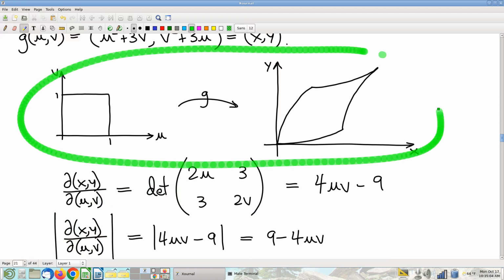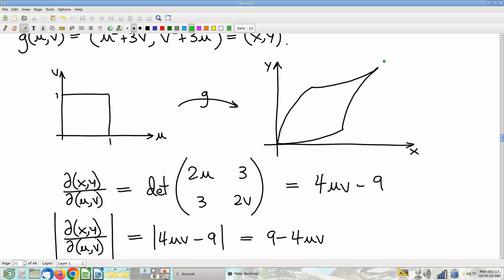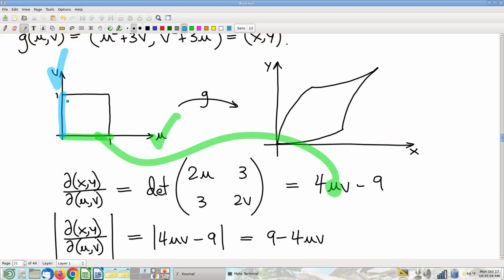Don't forget about your picture. Your diagram describes what each of your variables is doing. In particular, you can see right here in the diagram that u, on our integral in question that we're going to be pulling back to, is always between 0 and 1. And analogously, v is always between 0 and 1.